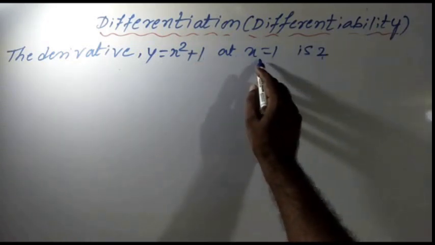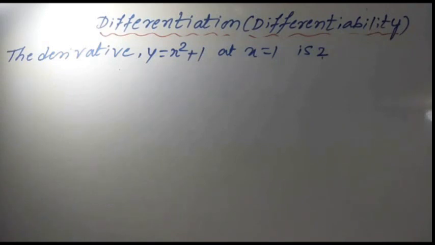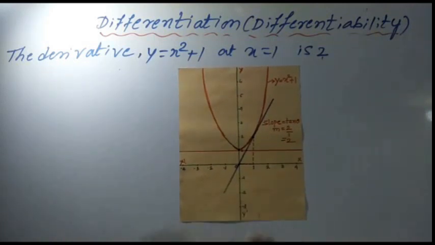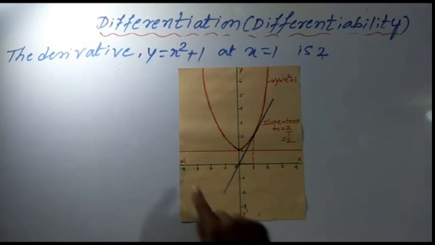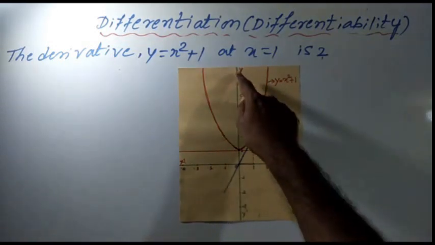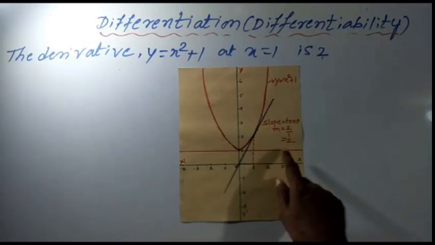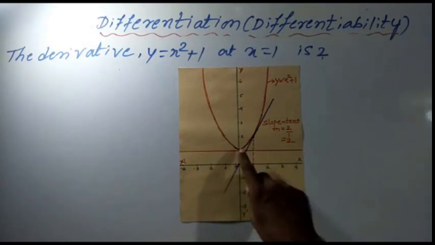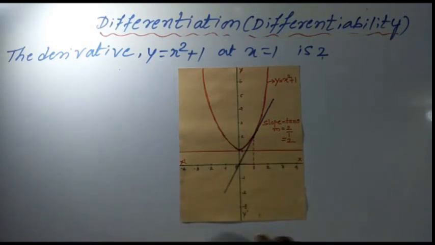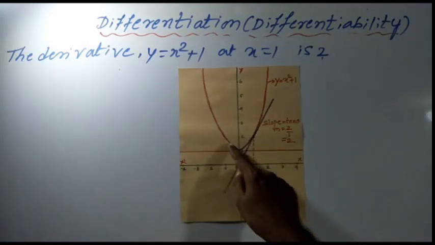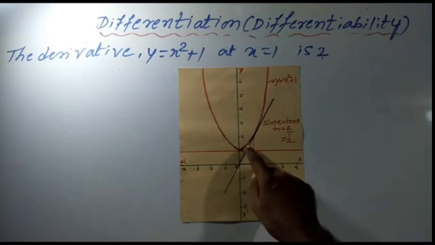Now we try to understand this concept with a graph. Look here. This is the graph. In this graph, this is the x-axis and this is the y-axis. A line passes through the y-axis at point 1 and is parallel to the x-axis, and the curve touches the line at point 1.